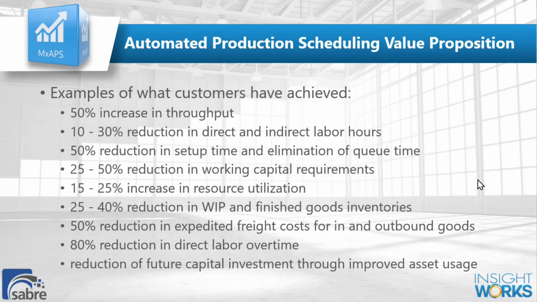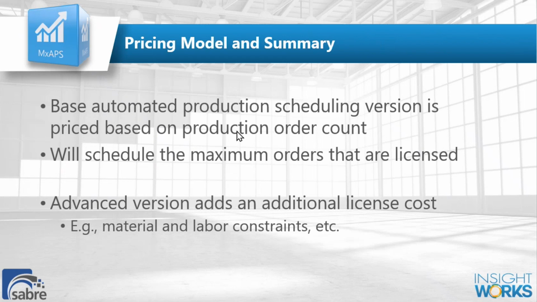Now I guess I have to talk about the cost. It's basically a cost that you can't afford not to get. Talk to Sabre, they'll be able to give you specific pricing for your environment.